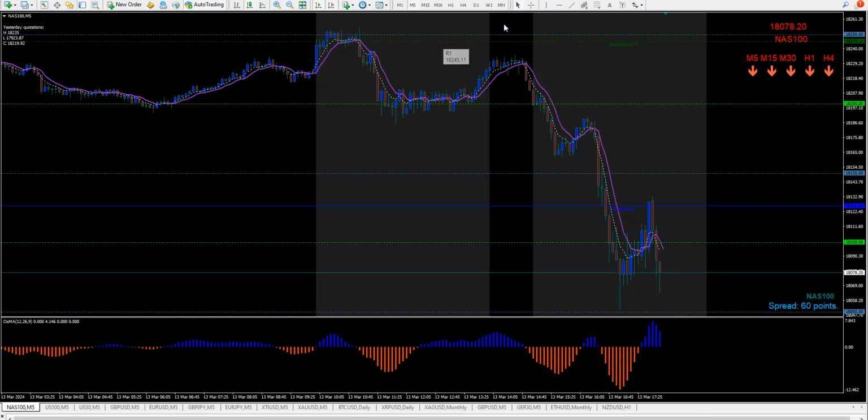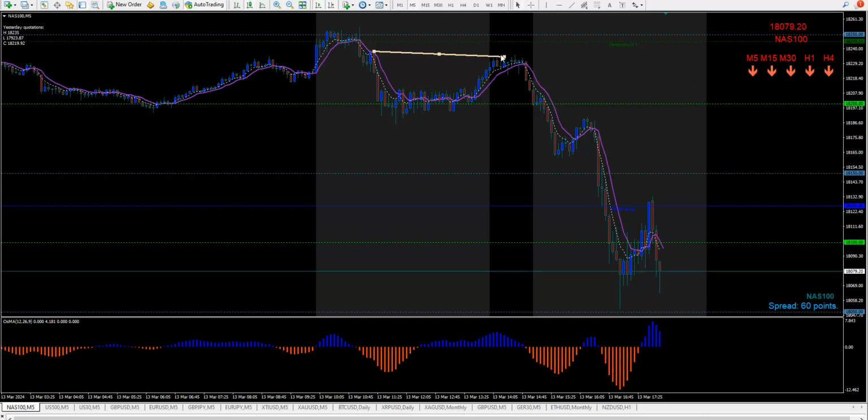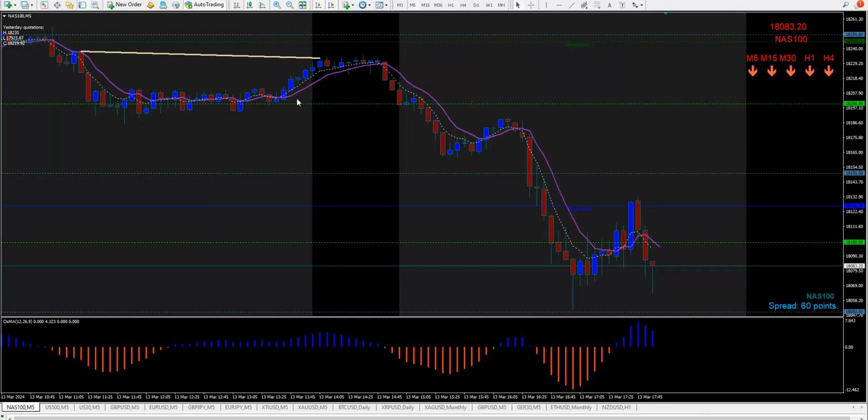Anyway, here we go. Let's draw it to here. It's a pullback. It's genuine. It will do the job. Right from here. We'll make it bigger so you can see it.